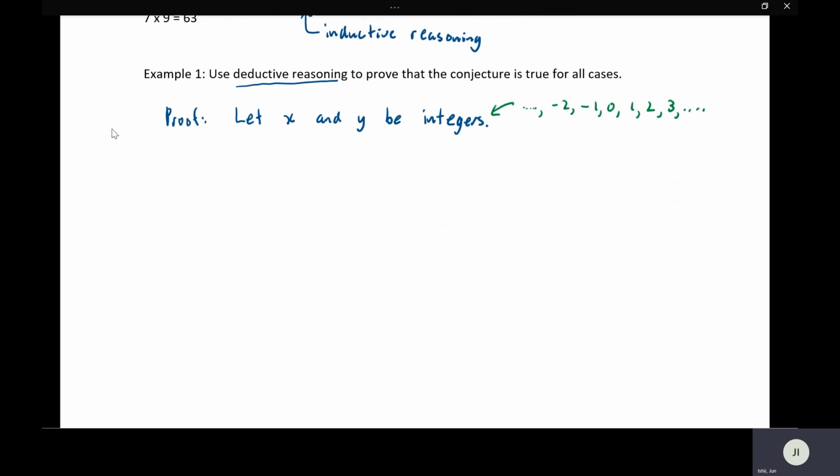All right, so once I've done that, I can also conclude that if I take the first one and multiply it by 2, so 2 times x, and I take the second integer and multiply it by 2, it's 2 times y, these are both going to be even.